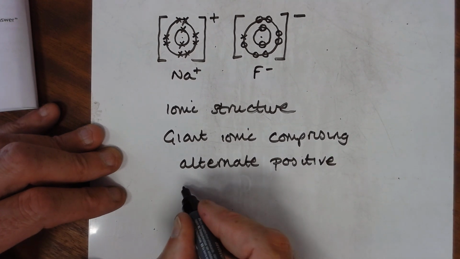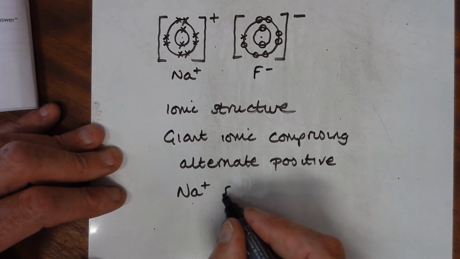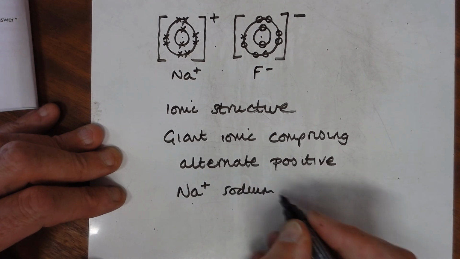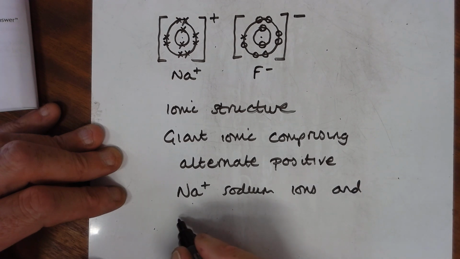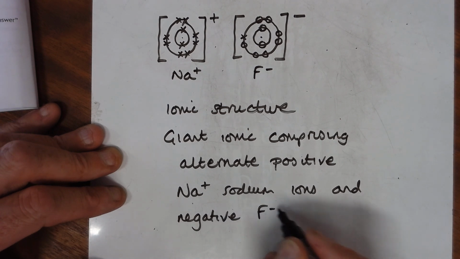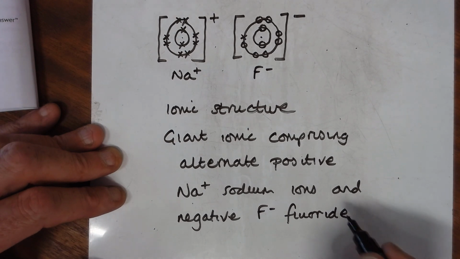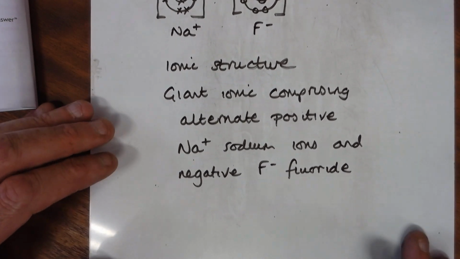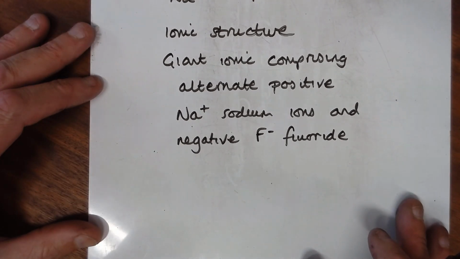Now I could say just sodium ions, but I could write Na positive sodium ions and negative F negative fluoride. Remember, we changed the name for non-metals. We changed the name from the atom to the ion. We changed the ending. Fluorine becomes fluoride.